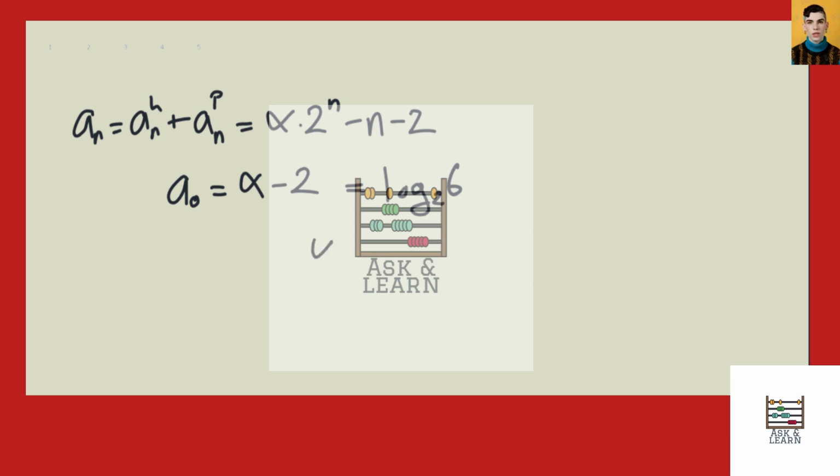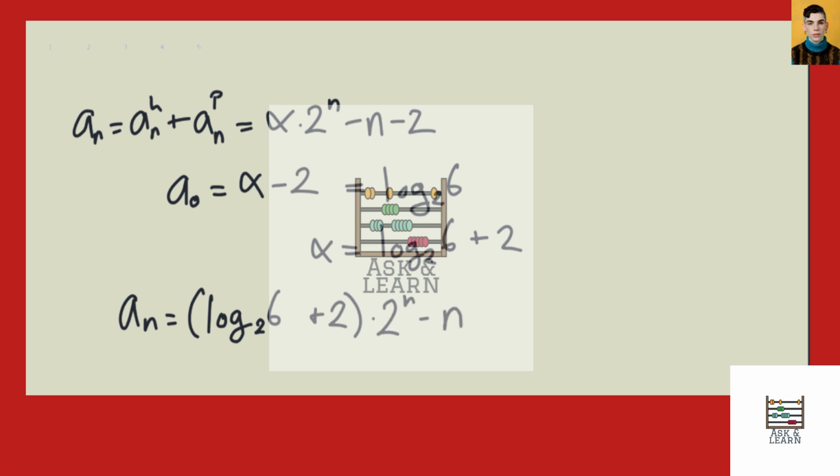Okay, so that means alpha is equal to log 2 of 6 plus 2. So a n is going to be log 2 of 6 plus 2 times 2 to the power of n minus n minus 2.